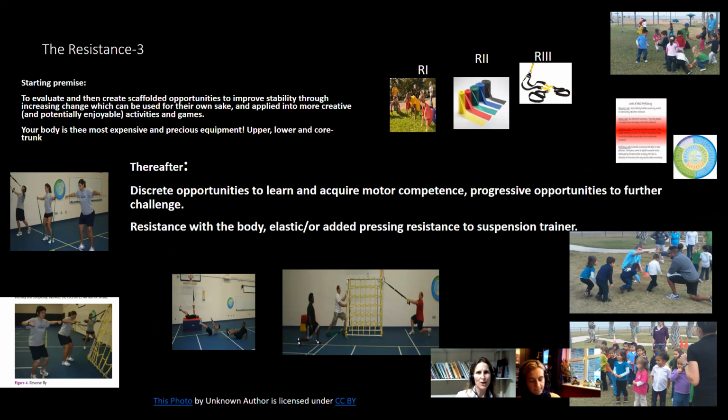Of course, for our elementary, we only needed to go through our first and our second version, so our resistance 1 with the body and our second with elastic or another affordance. It was only in key stage 3 in middle school that we were able to bring in the stability support from the resistance trainer. What we did was we piloted it all from earlier work, of course, but also with our student teachers.